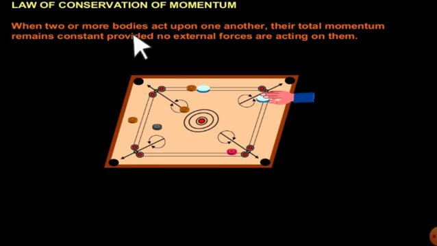When two or more bodies act upon one another, their total momentum remains constant, provided no external force acts on them. If you consider only two objects, then when these two objects act upon each other, the sum of the momentum before acting will be equal to the total momentum after acting.